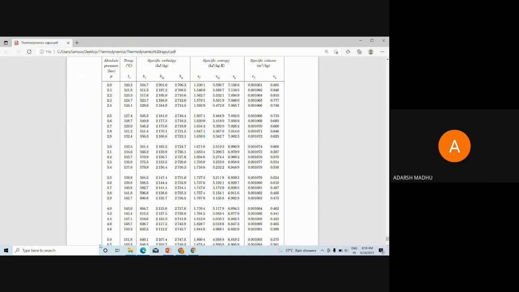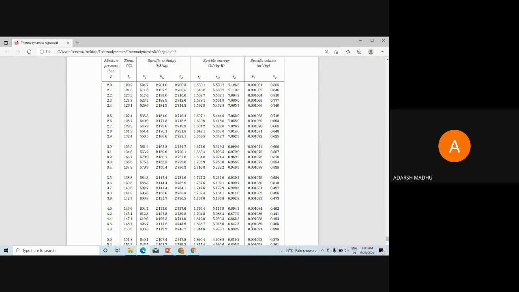So from the steam table according to pressure 5 bar, the readings are HF value 640.1 kilojoule per kilogram, HFG value 2107.4 kilojoule per kilogram, and HG value 2747.5 kilojoule per kilogram.